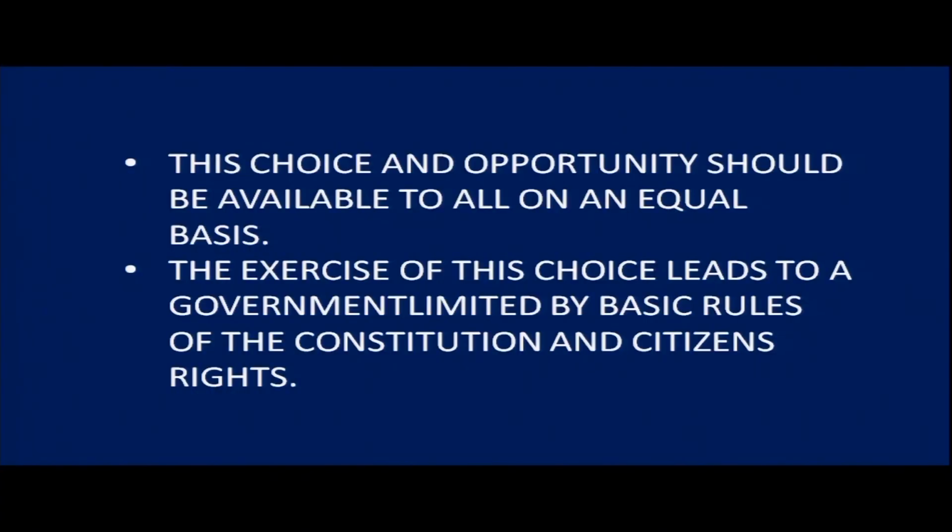This choice and opportunity should be available to all citizens on an equal basis, which is universal adult franchise. And the exercise of this choice leads to a government limited by basic rules of the Constitution and citizens' rights.